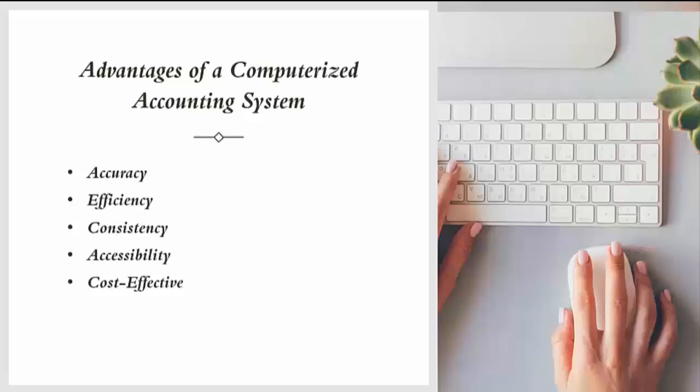Ensures consistent application of accounting principles and standards across all transactions. 4. Accessibility. Provides easy access to financial data and reports from anywhere, especially with cloud-based systems. 5. Cost-effective. Reduces the need for extensive manual labor, lowering overall operational costs.